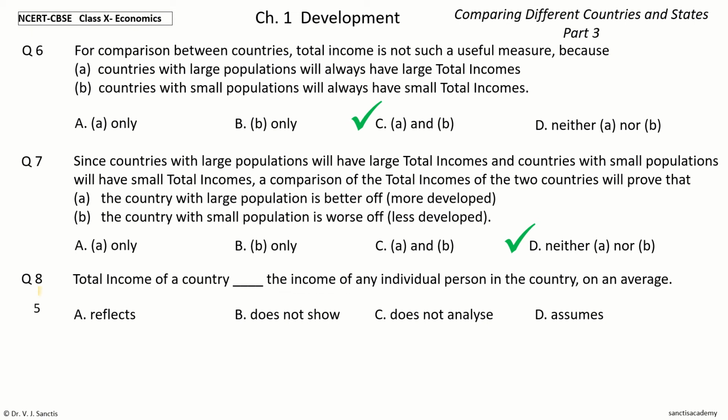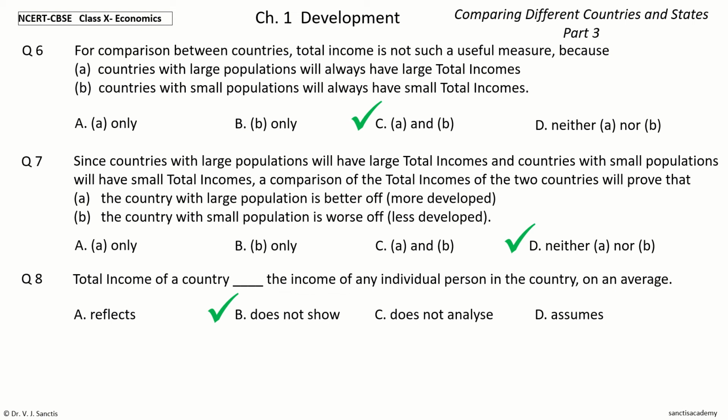Your time to choose. And the answer is does not show. So, total income of a country does not show the income of any individual person in the country on an average.